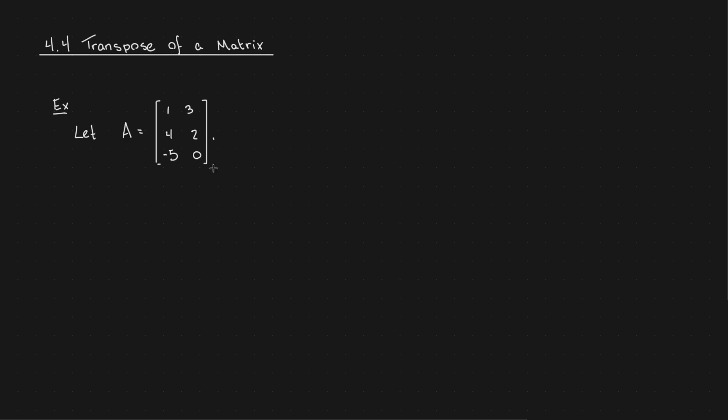To take the transpose, we notate it by a t where we would normally put an exponent. So the transpose of A, so A transpose, is, we're going to take the transpose of this matrix here.